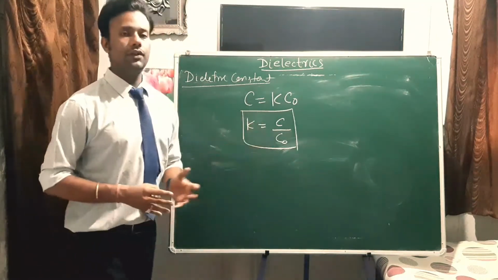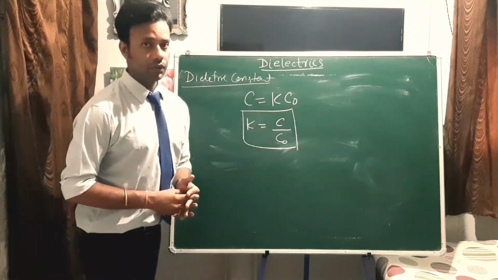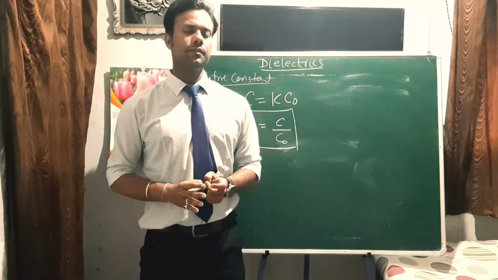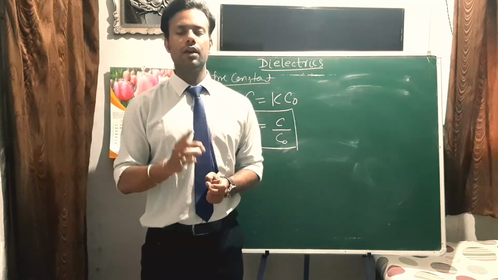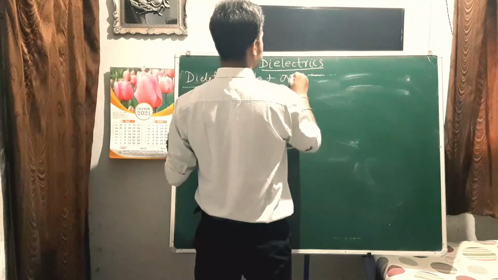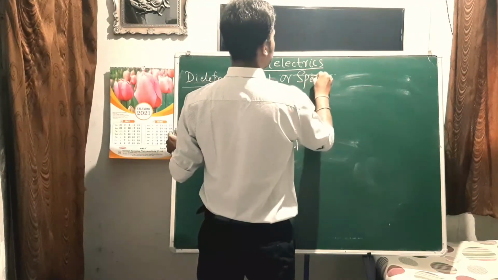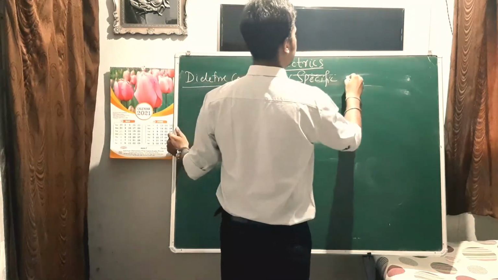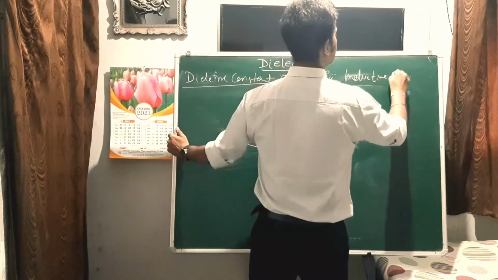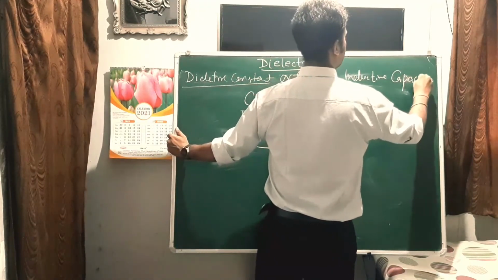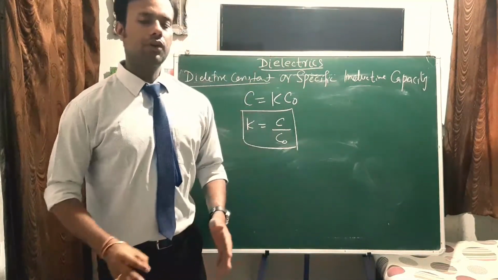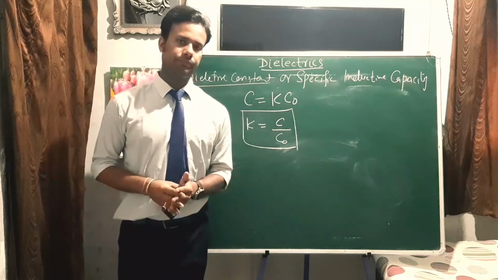So this is one definition of K. All right. This dielectric constant is also known as specific inductive capacity. Always remember this name. All right, so this is your dielectric constant.